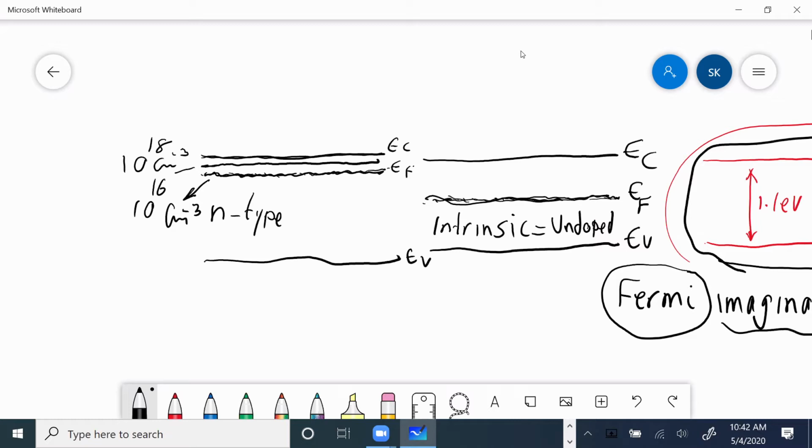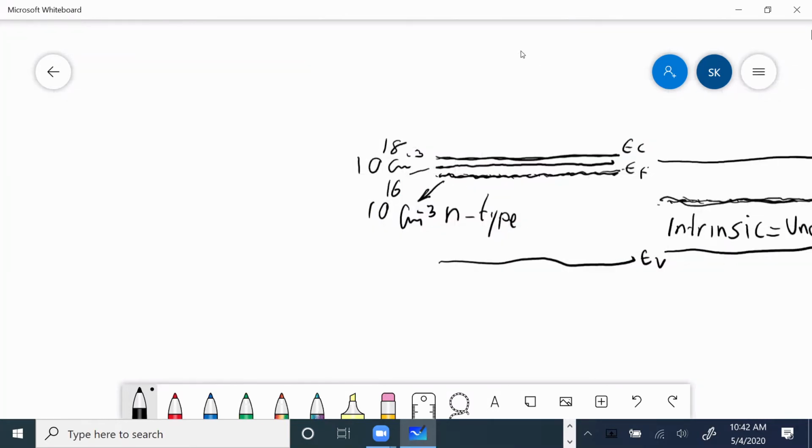That is what he meant. So how close the Fermi level is to the conduction band determines how heavily doped N-type our semiconductor is.